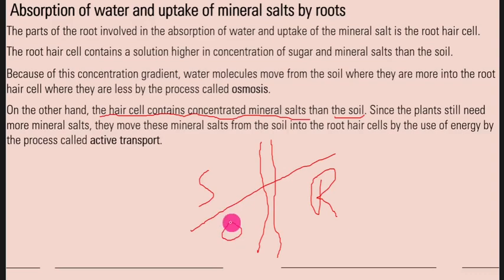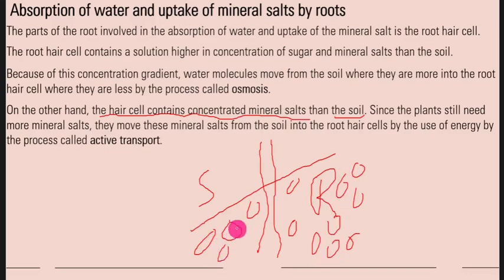The mineral salts which are few on this side, but here there are many of them on this side of the root. But the root also needs these few which are here. So for it to move here, it's like here there's already congestion. You see, when people are congested, for you to push more, you need more energy. So that's how it is. You need to push these ones here to enter here.